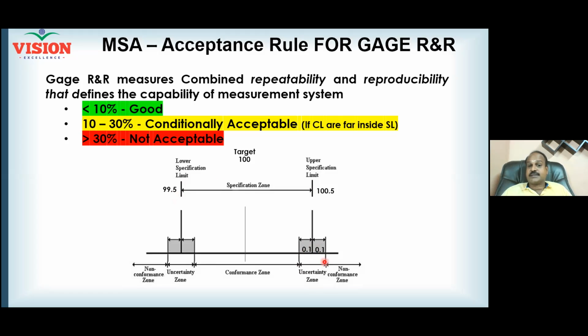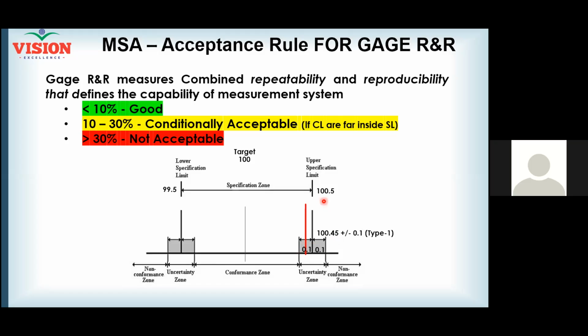Why do I call it uncertainty? If you have the habit of producing products here, your quality checker may classify your product wrongly. Though it is inside, your quality checker can still reject your product because your error is 0.1. For example, I am giving a reading. Look here, the reading is 100.45. Is it inside spec or outside spec? Inside.